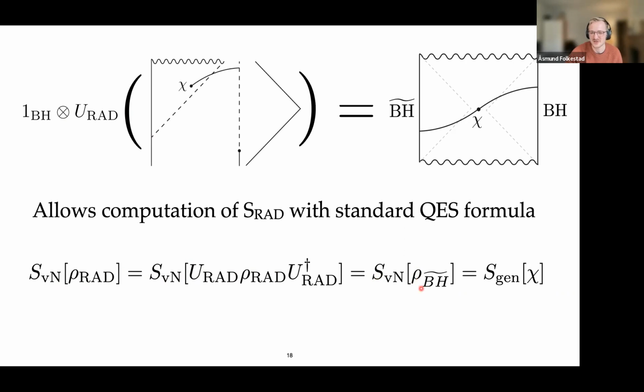So then we get the von Neumann entropy of the state here on the BH tilde system, but that's just the generalized entropy of chi. So we computed this entropy without having to modify the homology constraint or anything like that that appears in the island formula. So that's a nice application.